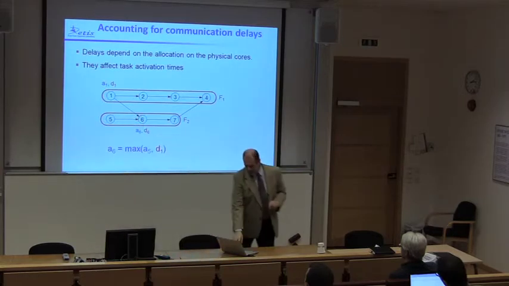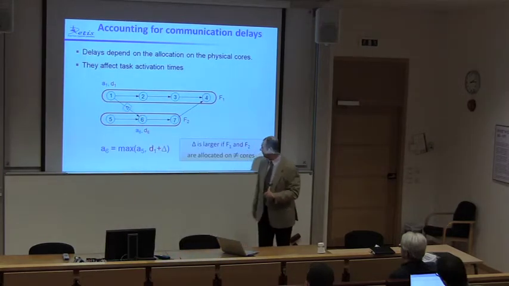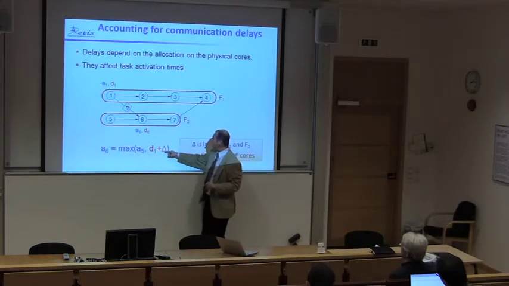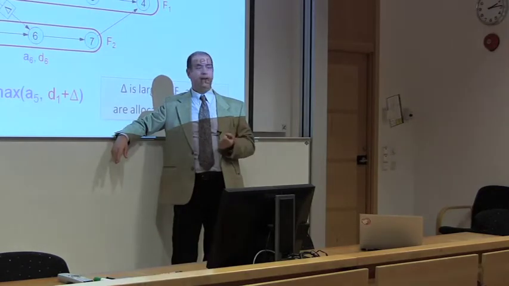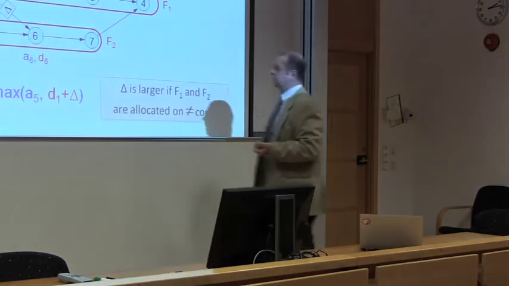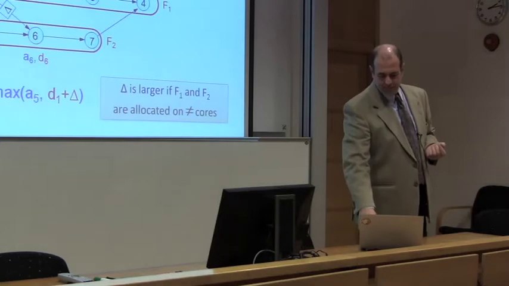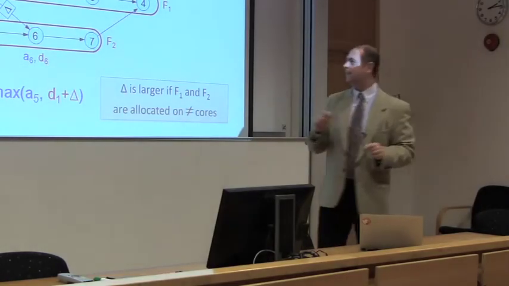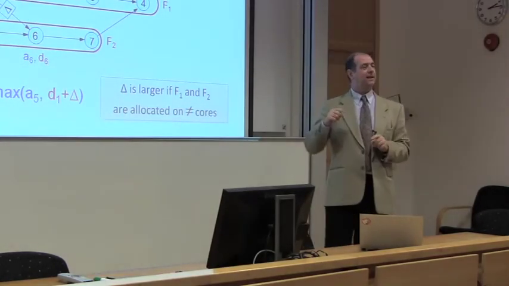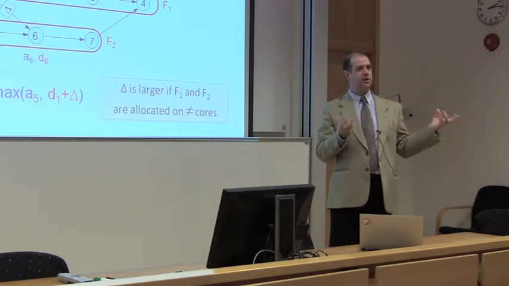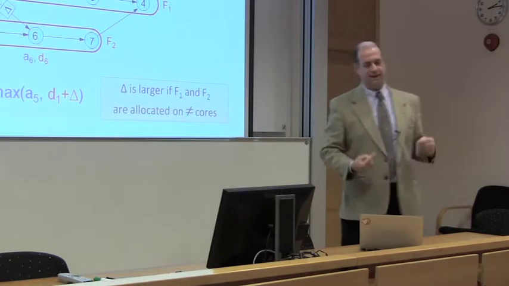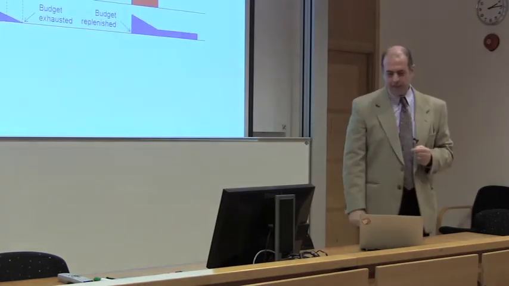So what you can do is to consider this delay in the computation of the virtual deadline, and so on. But the problem is that delta depends on the allocation, and the allocation depends on the final results, on the optimization you want to achieve. So there is a circular dependency here. It's not easy to solve.